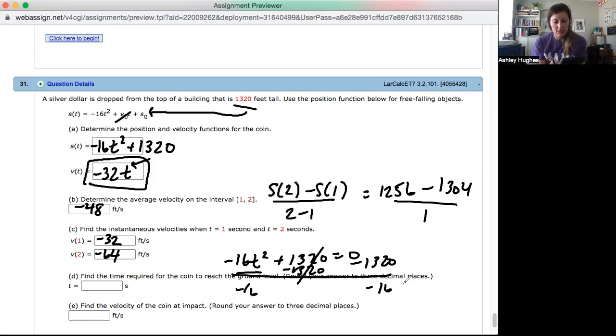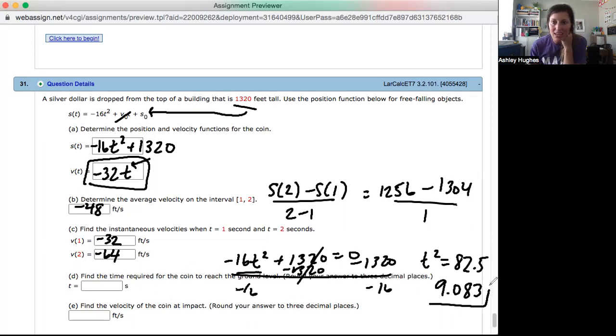So 1320 divided by 16 is 82.5. Take the square root of that. So 9.083.